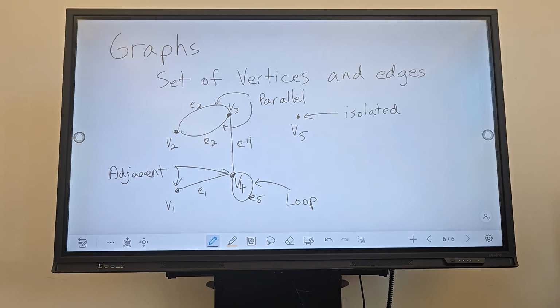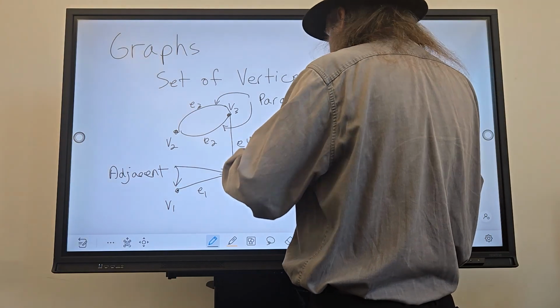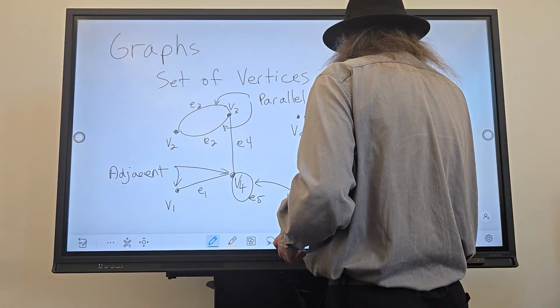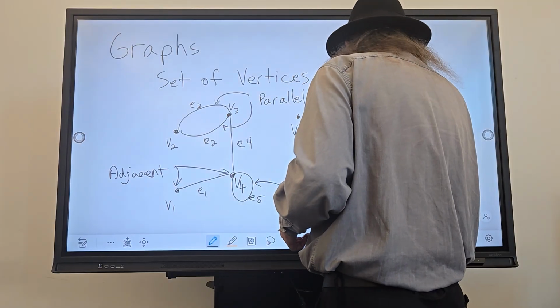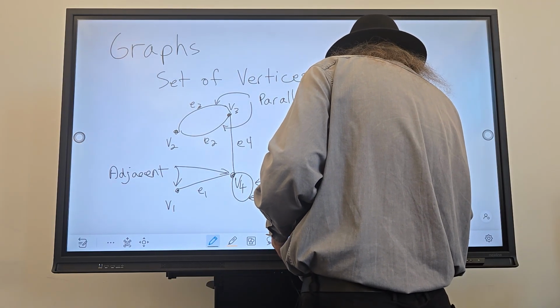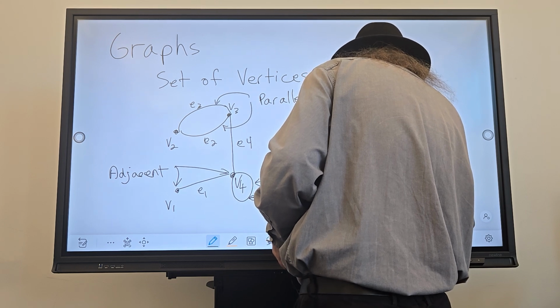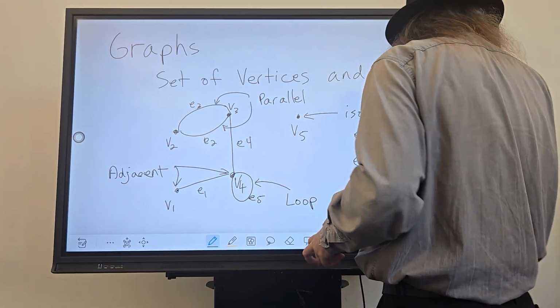Okay, now the endpoint table, the edge-endpoint function. In this case you have E1, E2, E3, E4, and E5.